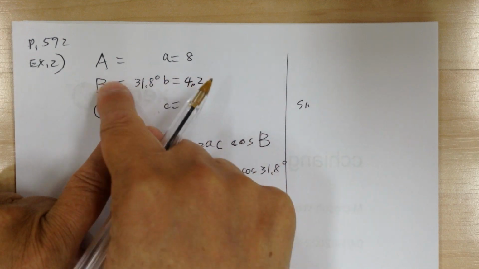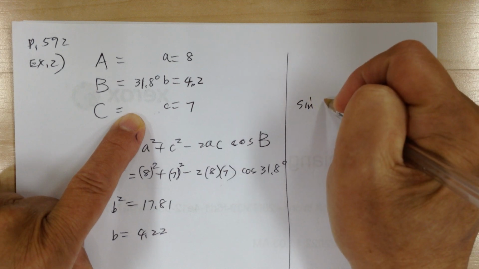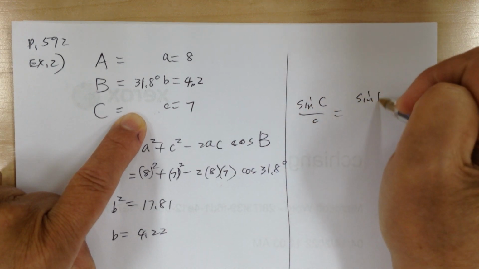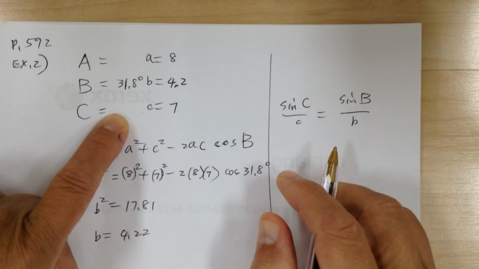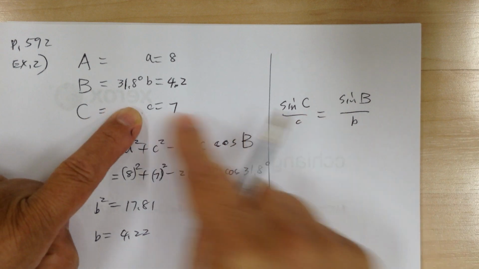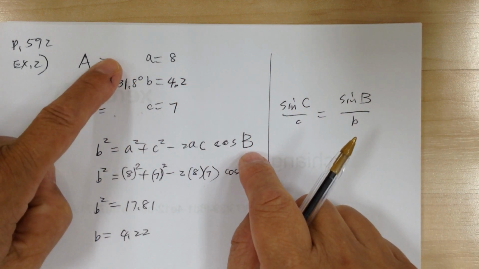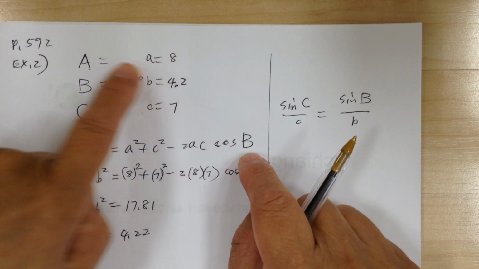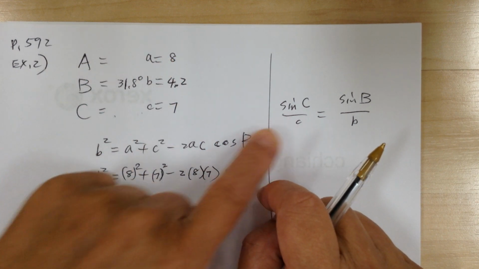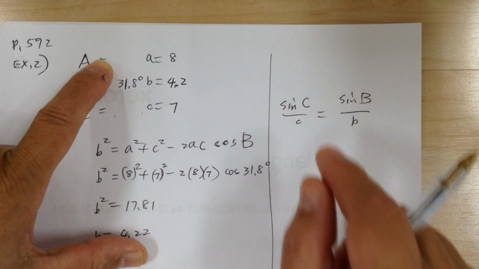So you've got b and B, so now you can use law of sine. So you've got sine C over small c equals sine B over small b. Again, this is what you're looking for, and this is what you know, so you have to use that. And I don't want to find A because this is the longest side, so this is the largest angle. And if you use law of sine to get the largest angle, you have to check the second case.